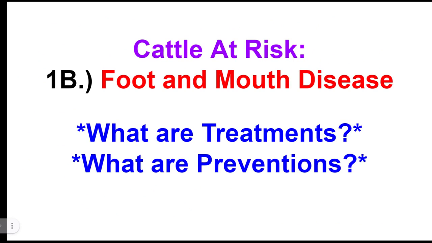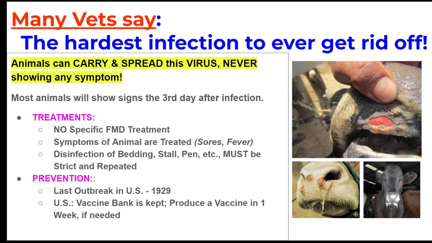What are the treatments? What are the preventions for foot and mouth disease? Many vets say this is the hardest infection to ever get rid of. Animals can carry and spread this virus and never show any symptoms. An animal can carry this virus and be asymptomatic.